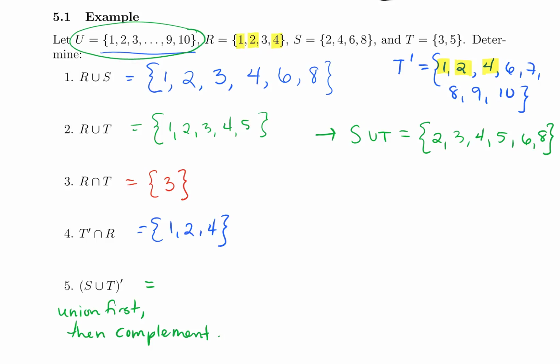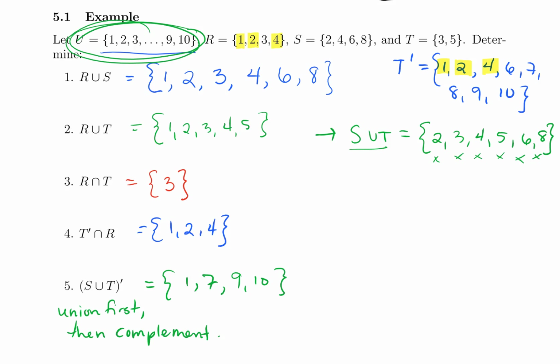So if I start at 1, 1 is not in S union T, so it will be in the complement. So I want 1. I can't use 2, 3, 4, 5, or 6, but I could use 7. 7 is in the universal set, right? But it is not in the union. We can't use 8, and so then we'll finish with 9 and 10.